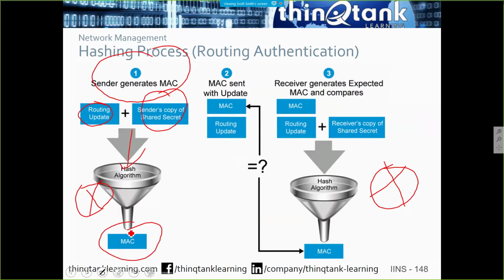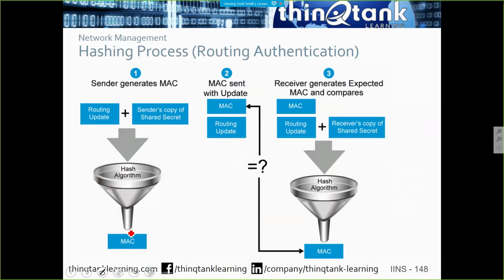Looks pretty similar to something else, doesn't it? In fact, it's the exact same diagram. The only difference is instead of saying routing update, we said NTP update, because just about every protocol that utilizes hashing for authentication and integrity uses this same process. So the MAC gets sent with a routing update. The routing update gets received.